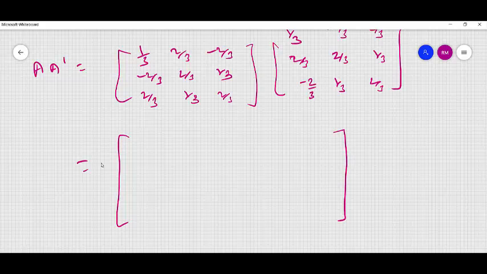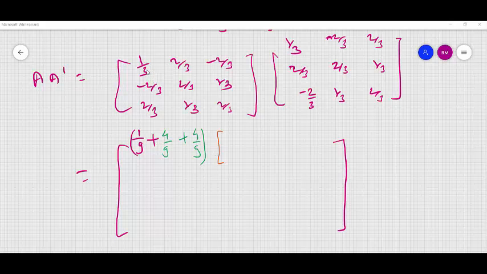So 1 by 3 into 1 by 3, 1 by 9, plus 2 by 3 into 2 by 3, that is 4 by 9, then plus minus of 2 by 3 into minus of 2 by 3, minus becomes plus 4 by 9.